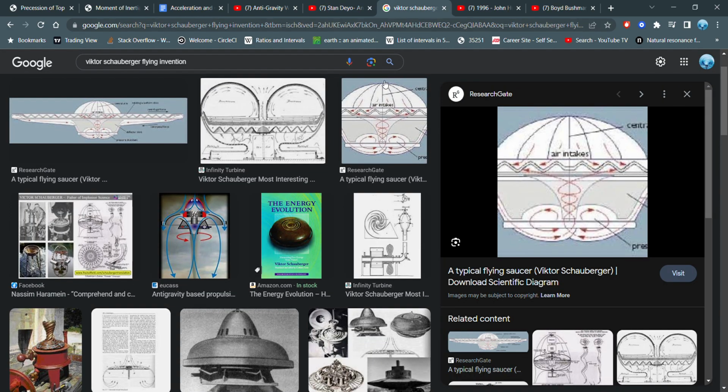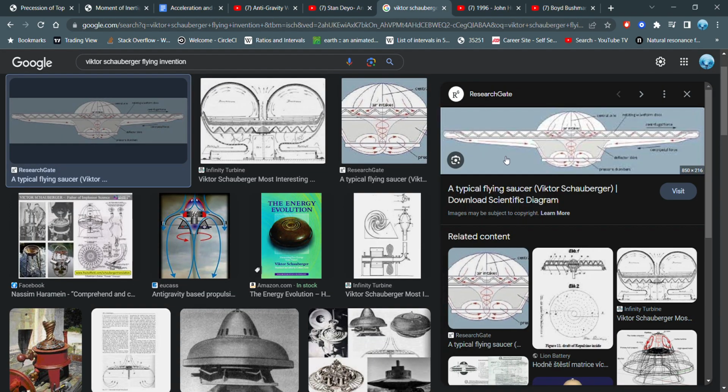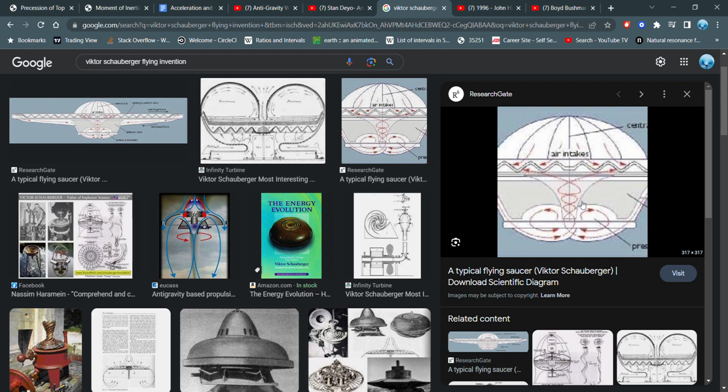So Victor Schauberger produced the original flying saucer, in my opinion, and he had air intakes that would rotate in one perpendicular plane here, and then have a vortex also that would rotate in a perpendicular plane from that original rotation. So there's one rotation, omega precession, and here's another rotation here in this tornado, giving us a rate of speed in a perpendicular direction.